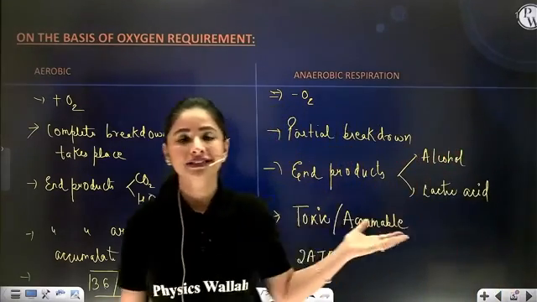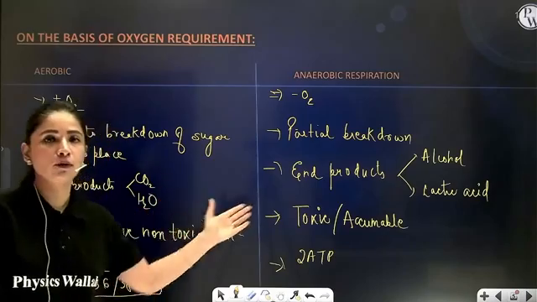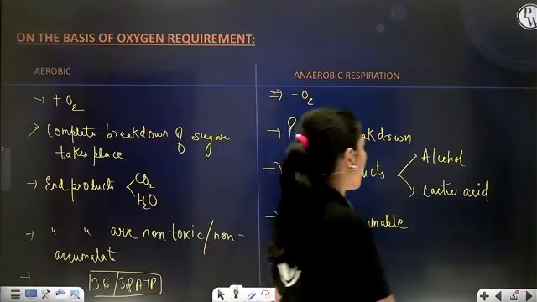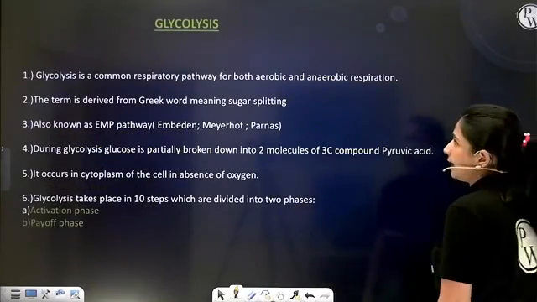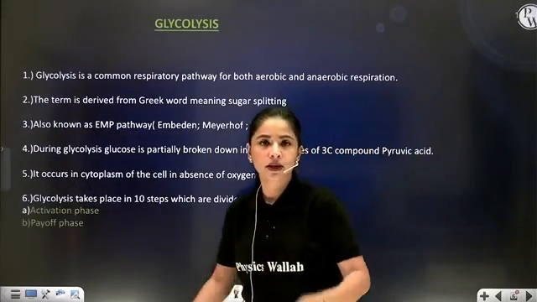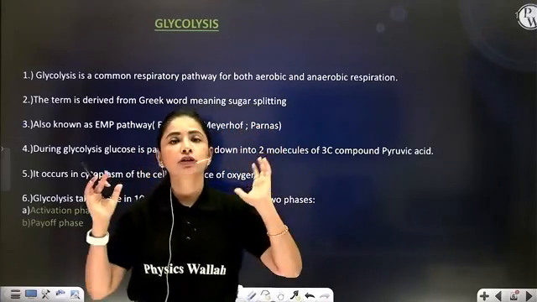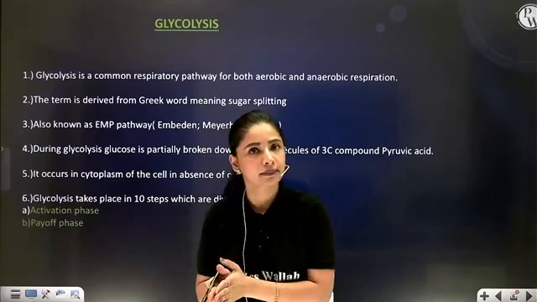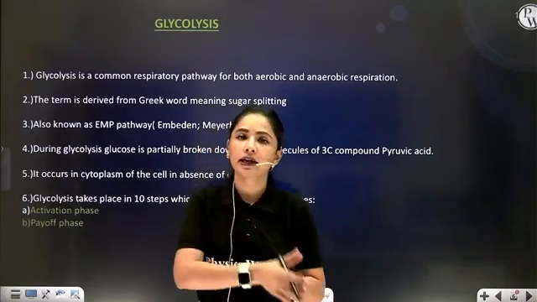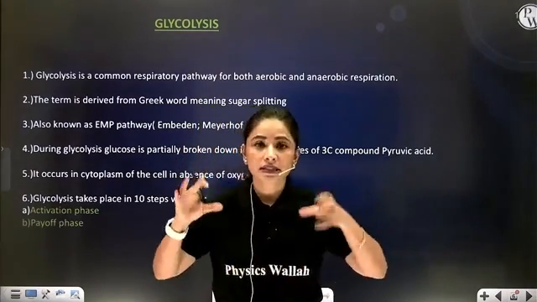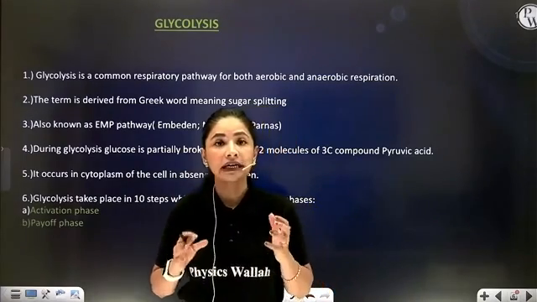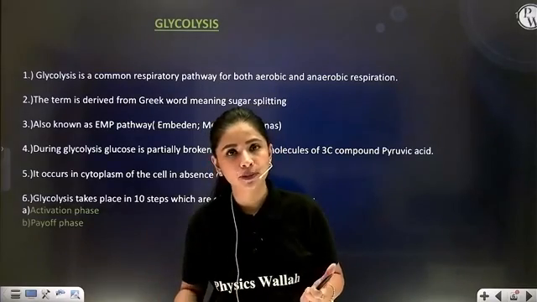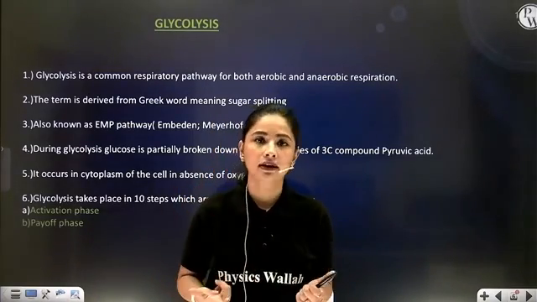Right? So these are some basic points of difference between aerobic and anaerobic respiration. I hope these things are also clear in everybody's mind. Okay. Now, you have seen that there are two types of respiration on the basis of oxygen requirement, aerobic and anaerobic. Now, this chapter is all about understanding in detail what happens during aerobic respiration and what happens during anaerobic.